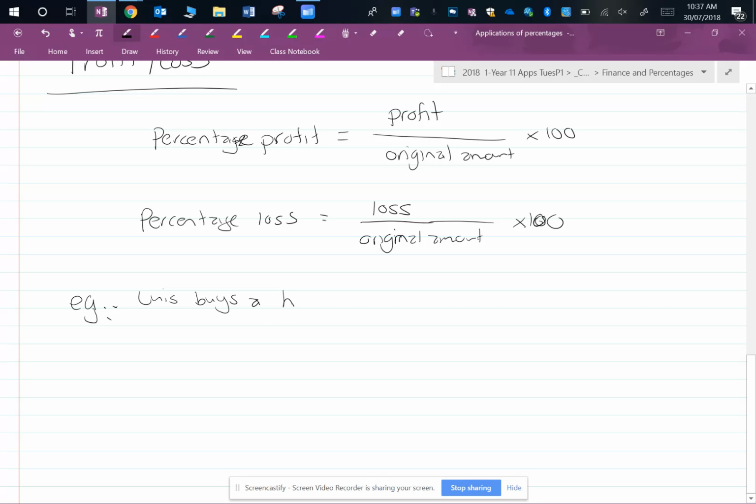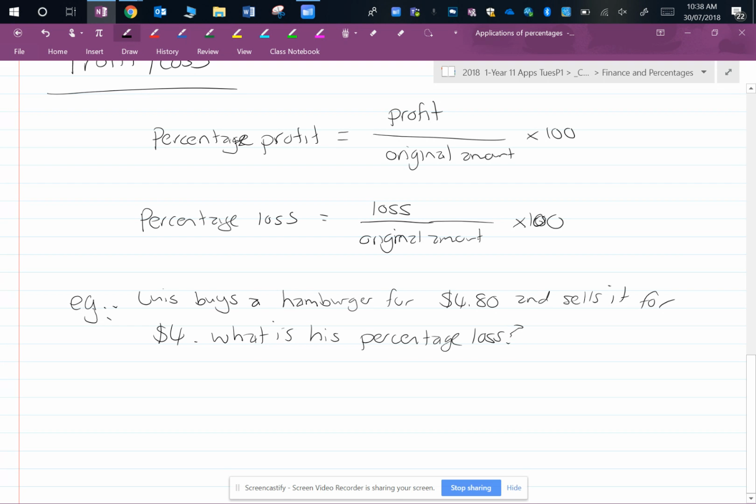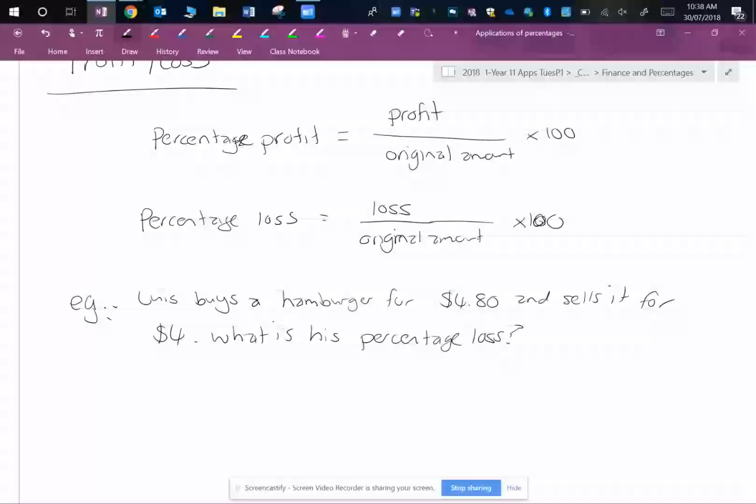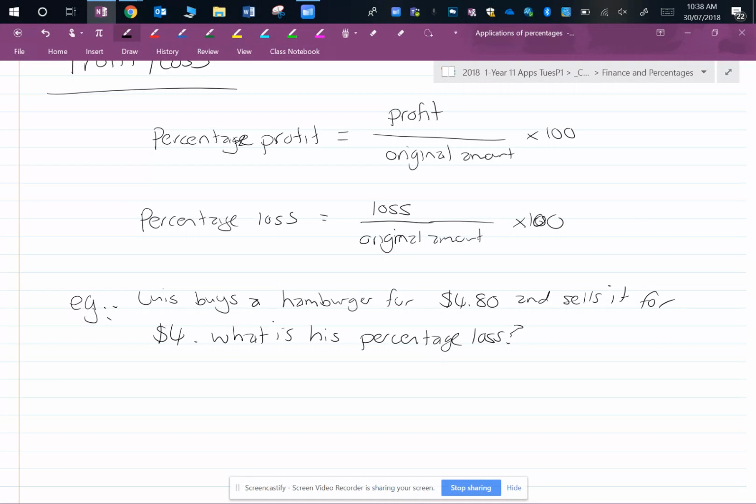What is his percentage loss? So what is the actual loss? How much money has he lost? 80 cents. So we'd go 0.8 over, what did we start with? What did he actually buy it for to start with? $4.80 times 100. And we get a percentage.